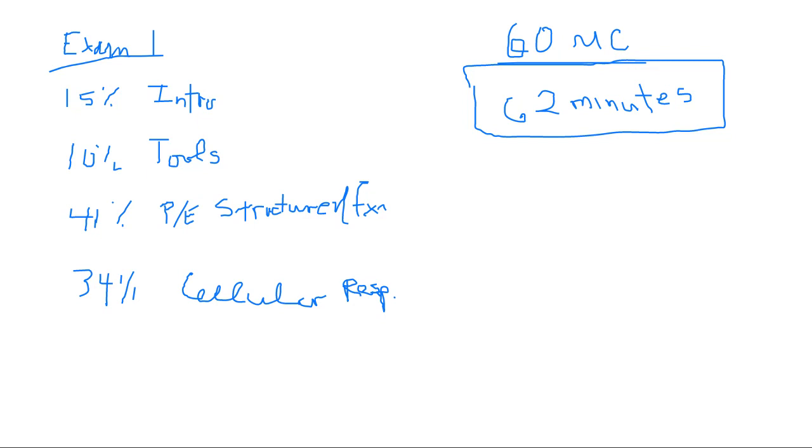You spend your time right here because that is a lot. That's 41% of the exam. And then if you add this down here, that is right there, 75% of the exam. That's where the exam's coming from, right? So that's where you spend your time.